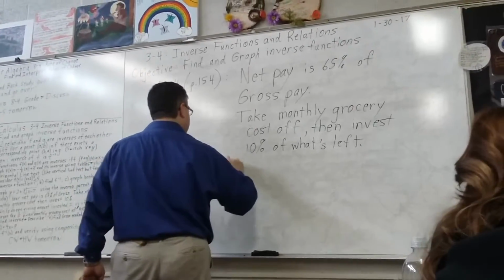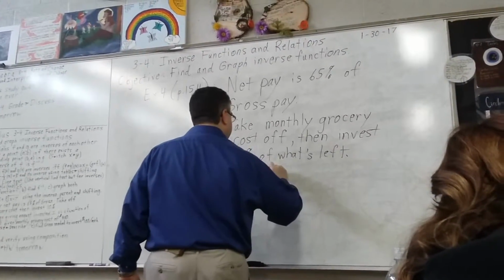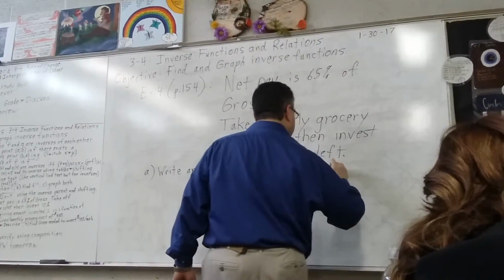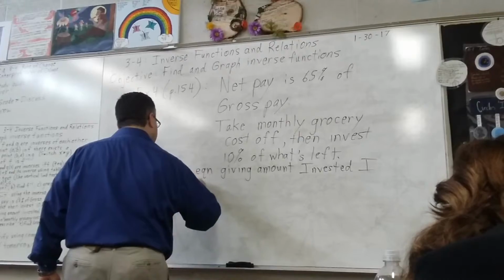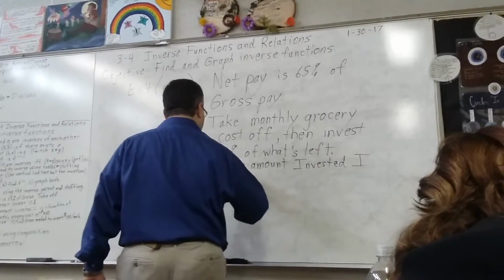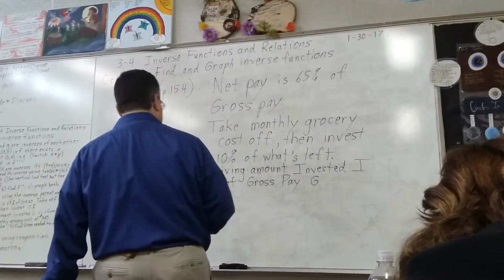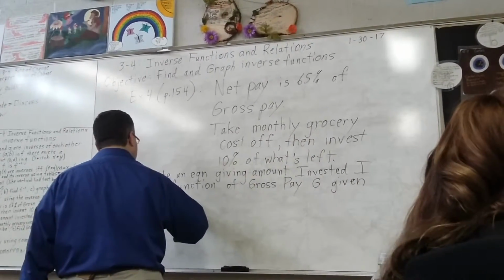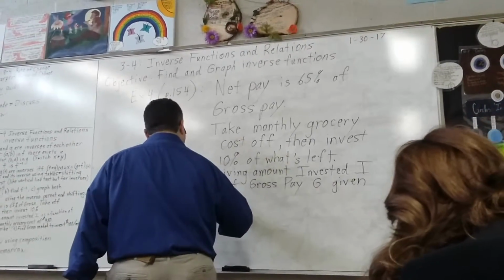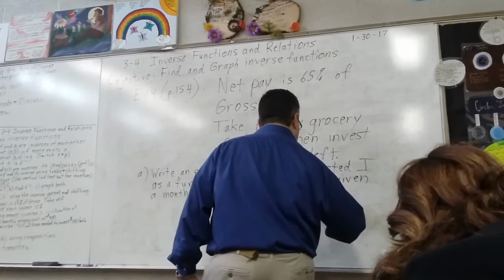Part A, all we want to do is write an equation giving the amount invested, which we will call I, as a function of gross pay, which we will call capital G, given a monthly grocery cost of $450.